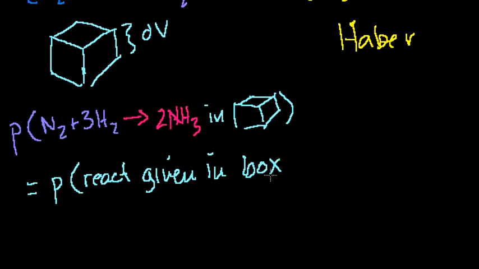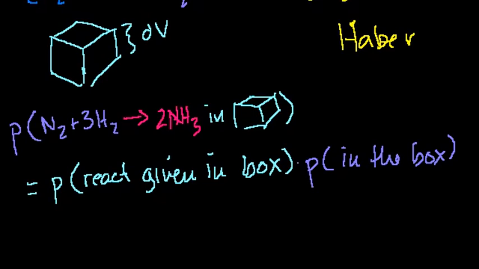So if you have the constituent particles, one nitrogen molecule, which has 2 nitrogen atoms in it, and 3 hydrogen molecules, there's some probability that they're going to react based on their configurations and their kinetic energy and how they're approaching each other and all of these different types of things. So this is the probability that they react given that they're in this little box of dV. And then, of course, you're going to have to multiply that times the probability that you have the constituent particles in the box.